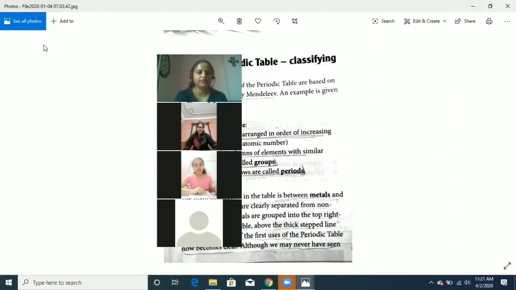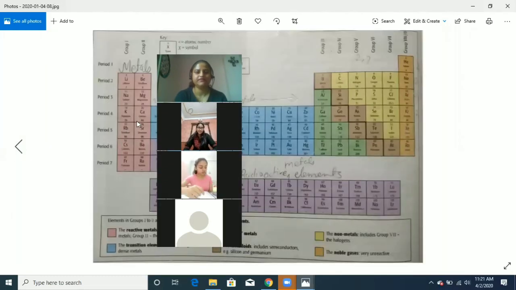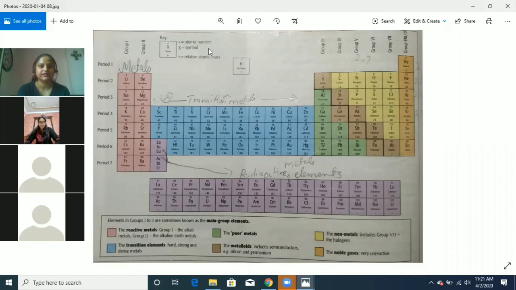Now in your book we have this periodic table. Okay. In this periodic table you can see periods are written. We have 7 periods and 18 blocks are given and 8 groups are written. Group 1, group 2, group 3, group 4, group 5, group 6, group 7 and group 8.